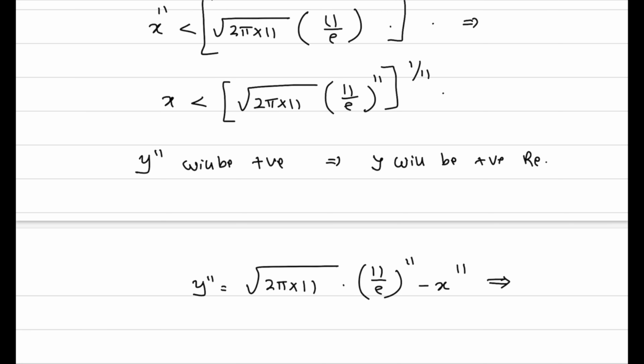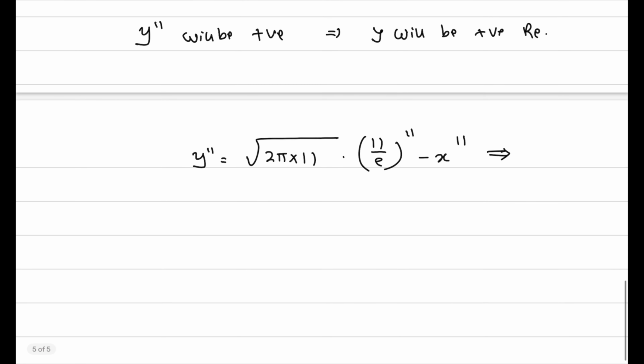From Stirling equation and also from the functions knowledge, when we have written y is equal to some function of x, then the domain of x in which x can vary is so that y should be greater than 0.